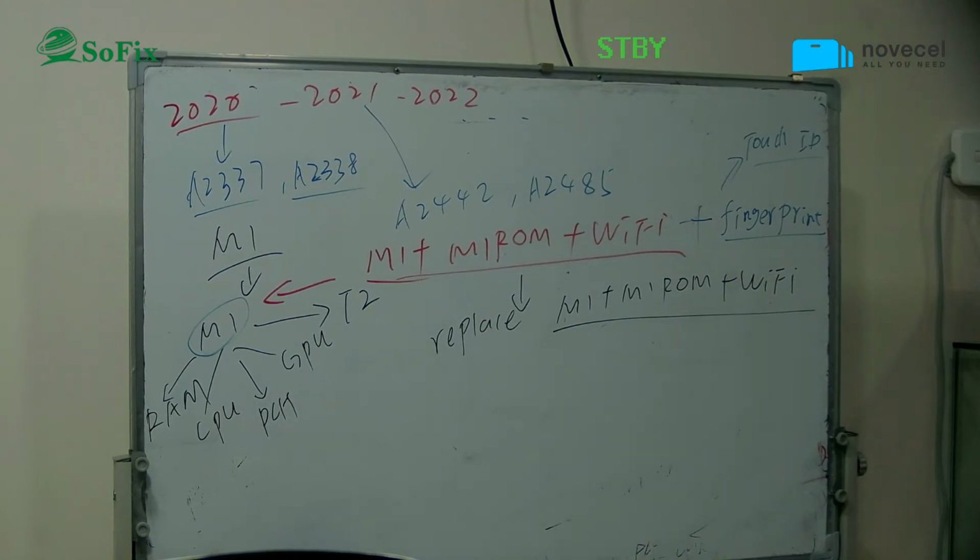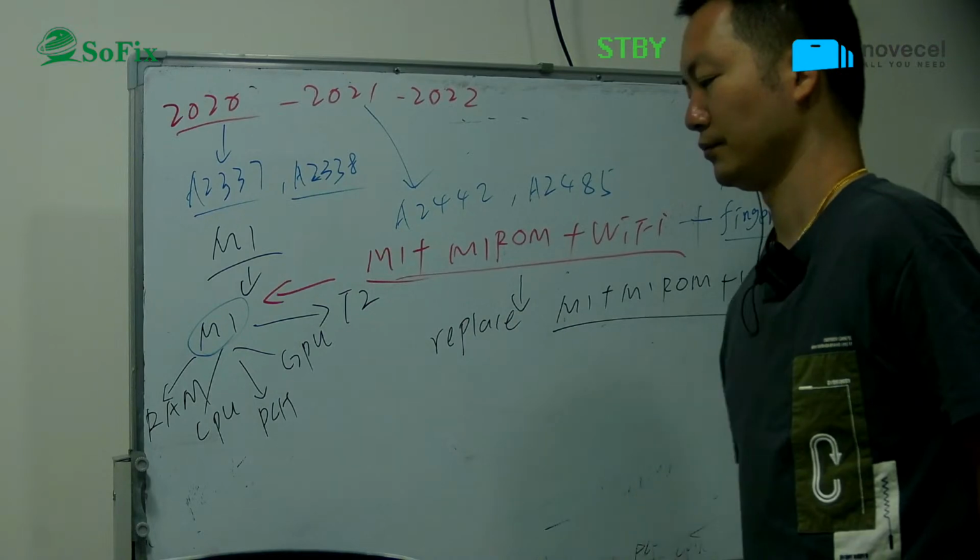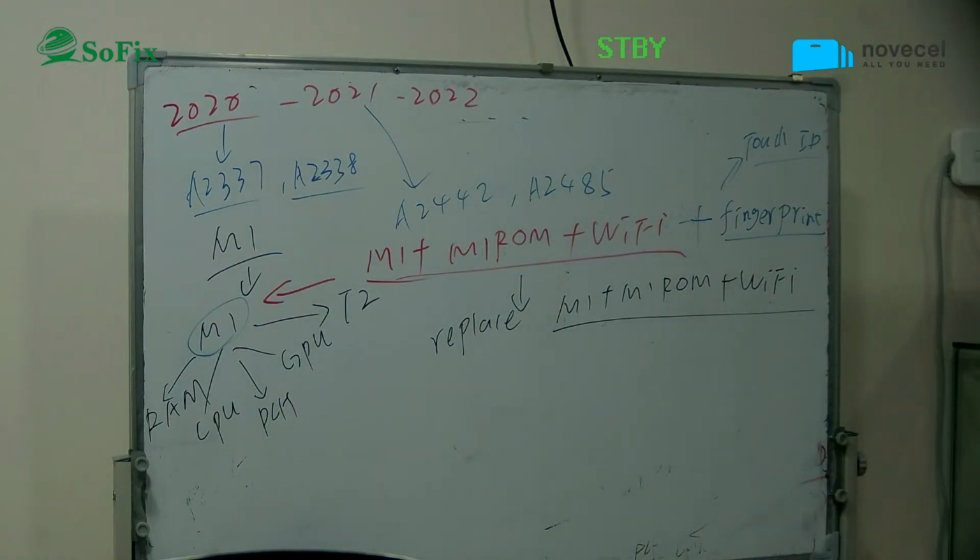For the M1 model you can also bypass using software or the serial number, but if you want to remove the lock, you must replace the chip. Do you want to use Spanish to translate?